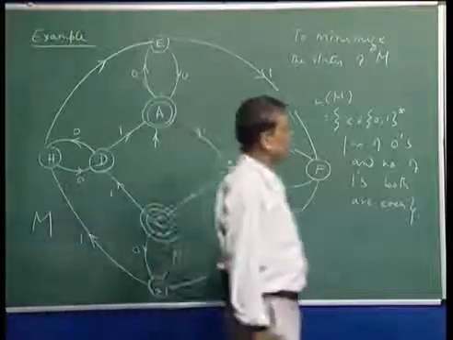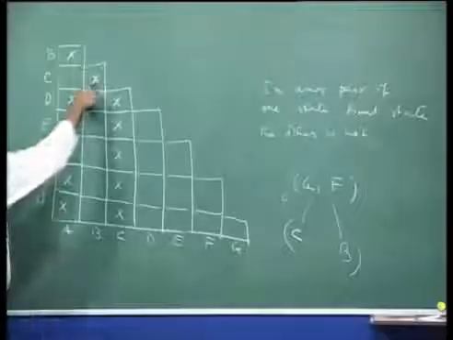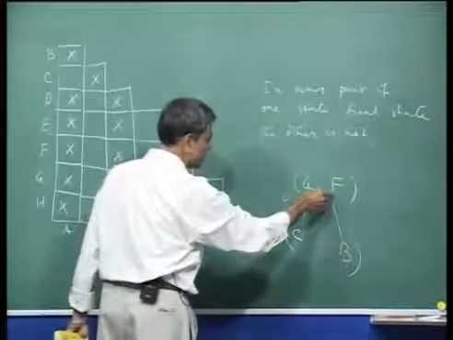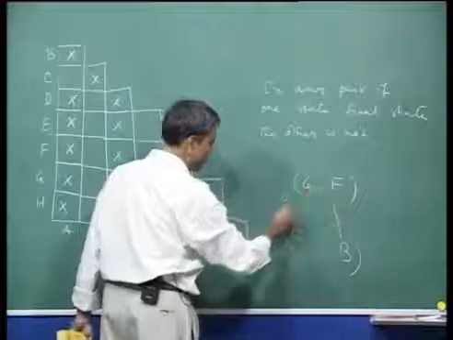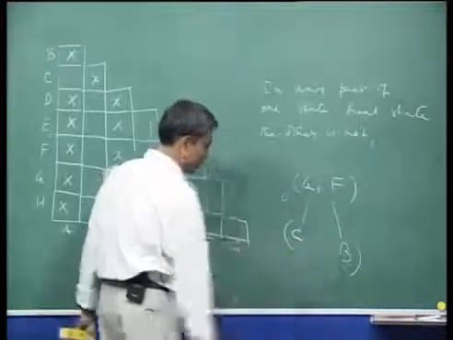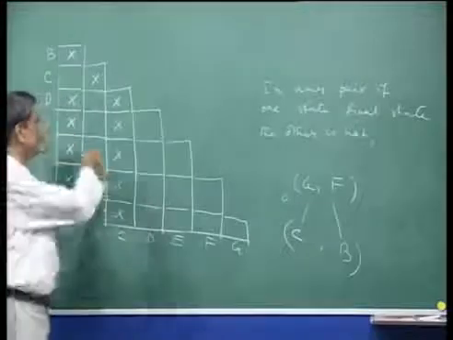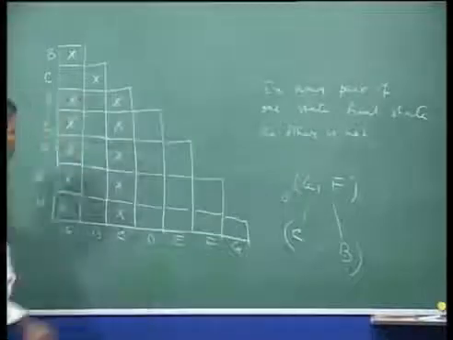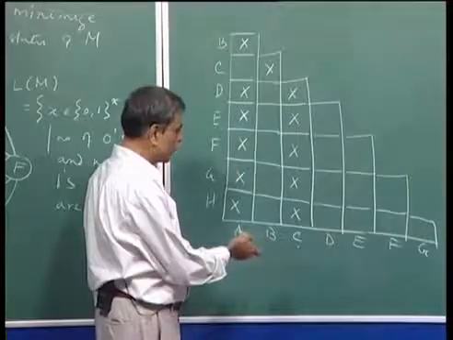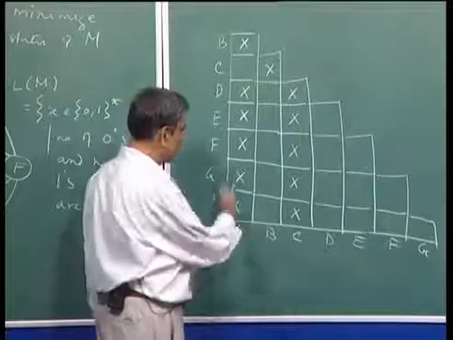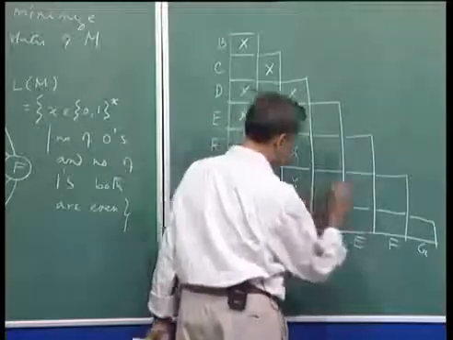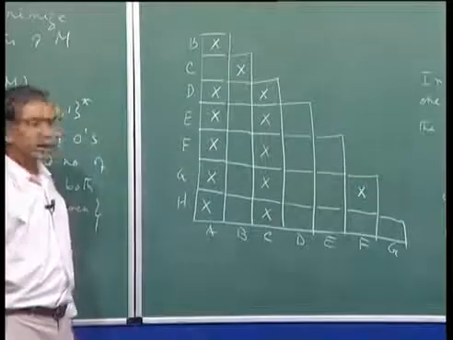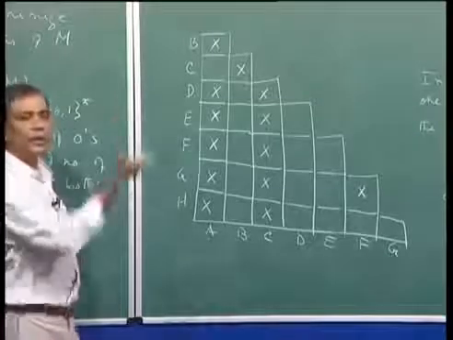So, we already knew that there was a cross here for C and B. So, from here when I considered this pair GF in the next iteration, on 0 I found this is the pair that results, and there is already a mark there indicating that this pair is distinguishable. Then in that iteration I will make G and F distinguishable. So, now I will put another cross here, and this way we will keep on going.